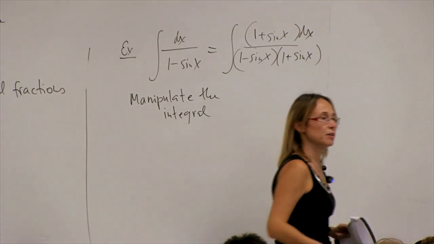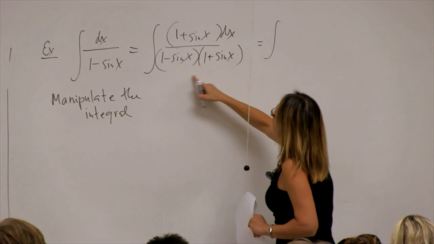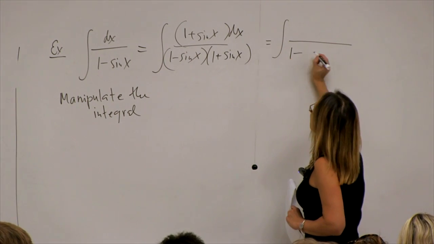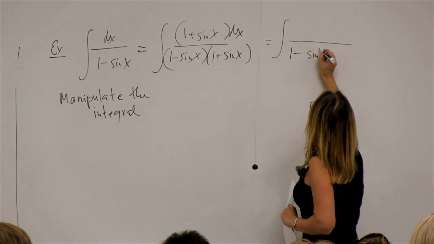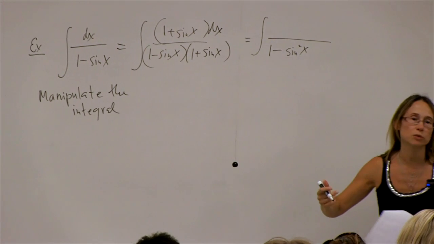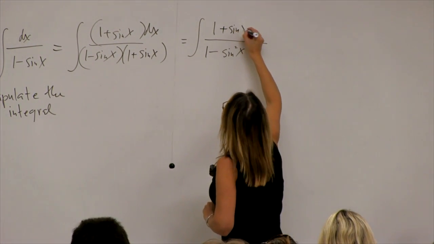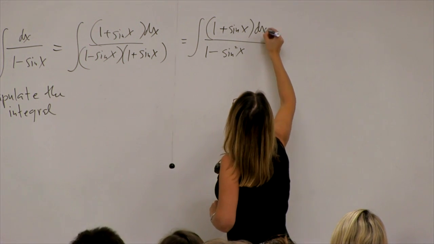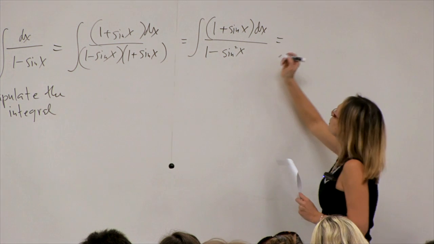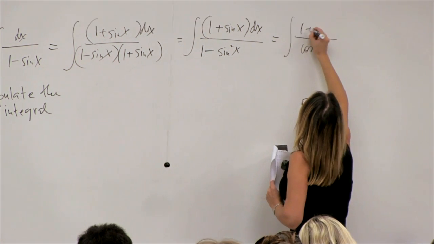I multiplied and divided by the same thing. And then in the denominator, I can simplify it by writing it as 1 minus sine squared x. Right? A squared minus b squared, that kind of thing. And here I have exactly what I have. What's the next step when we see something like this? Cosine squared, very good. So cos squared x.